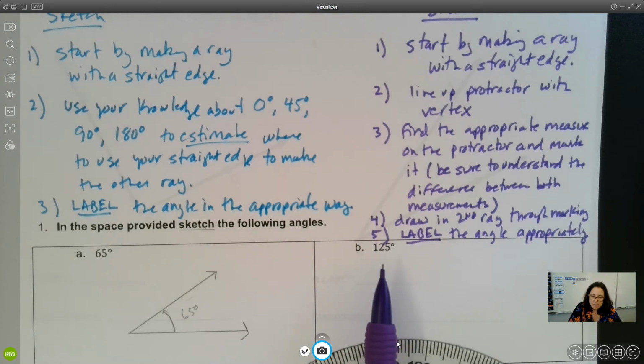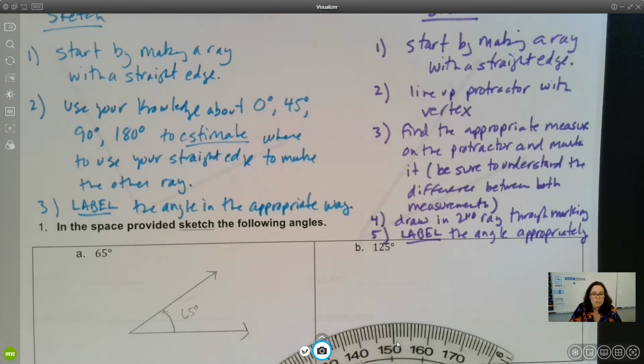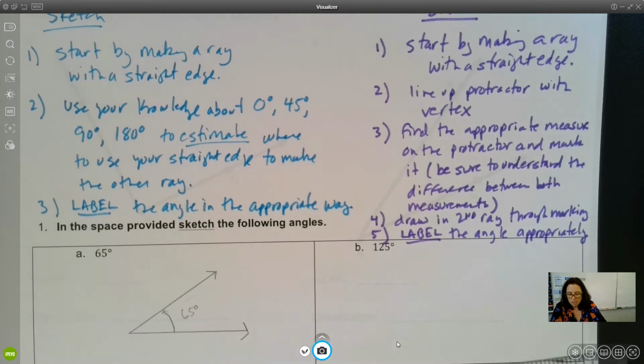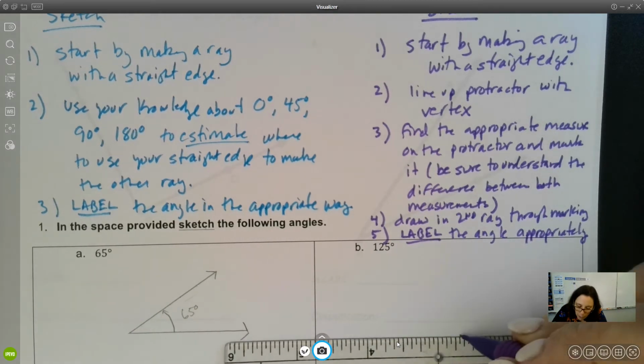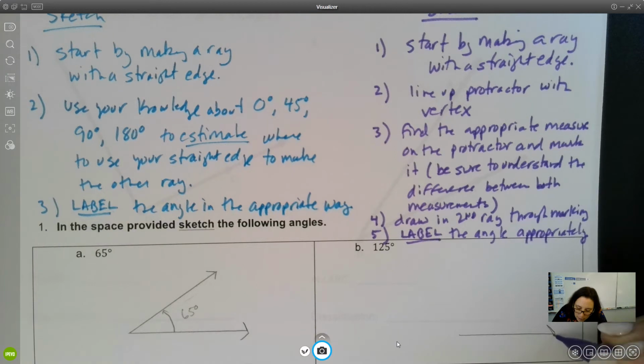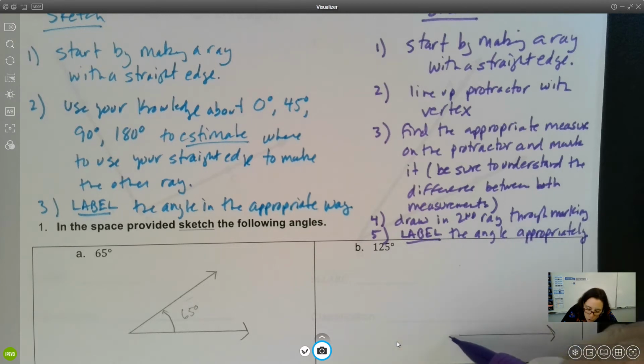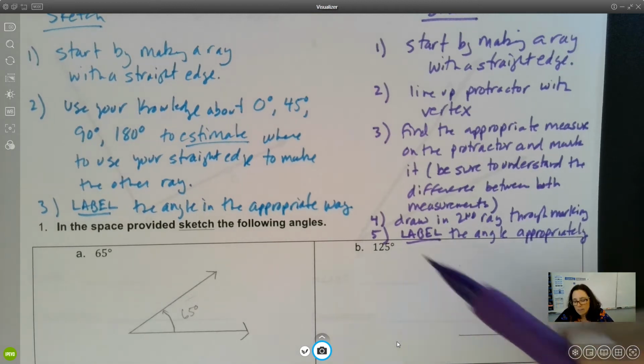All right, same deal, but 125 degrees using these 3 steps. Start step number 1 by drawing a ray. Doesn't matter how long or how short your ray is, just make sure you have an arrow tip on the end of it. Now we're going to use our knowledge. We know straight up is 90, straight this way is 180. So 125, let's think about that.